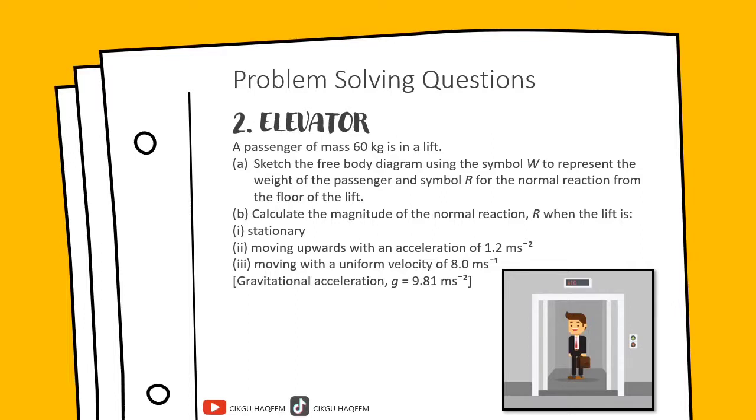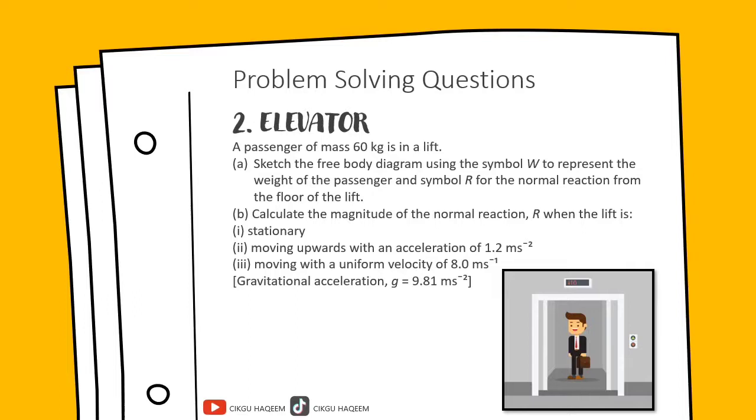We know there are only two forces exerted on the passenger. And B, calculate the magnitude of the normal reaction when the lift is, one, stationary, two, moving upward with an acceleration of 1.2 meter per second squared, and three, moving with a uniform velocity of 8.0 meter per second, given gravitational acceleration is 9.81 meter per second squared.